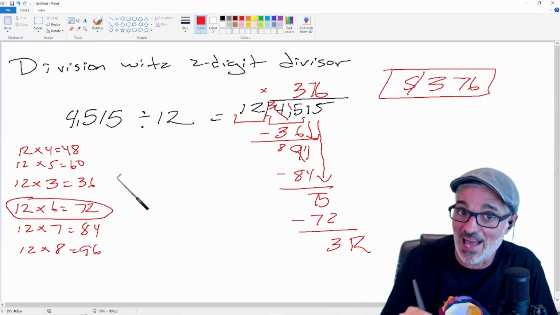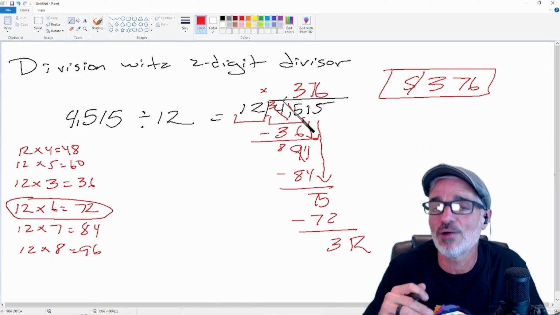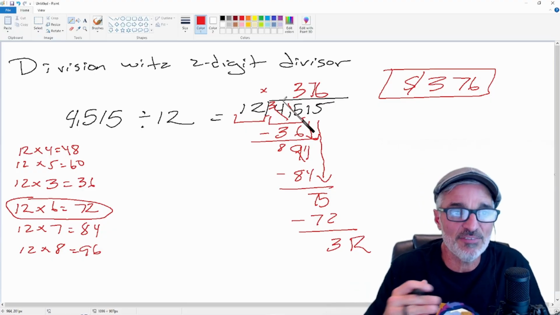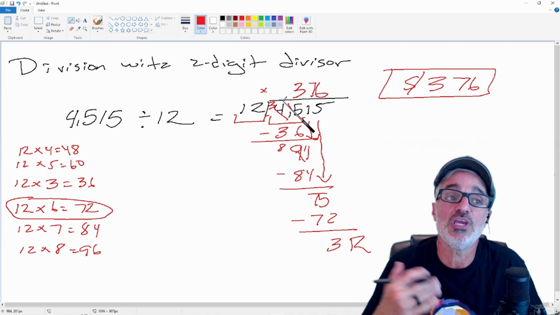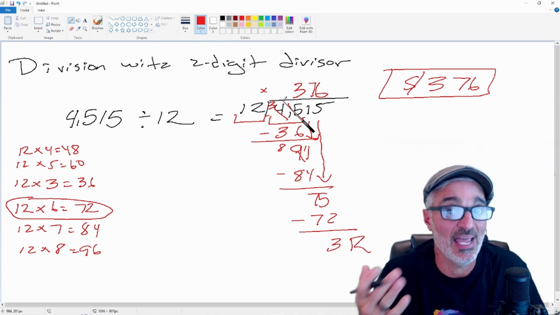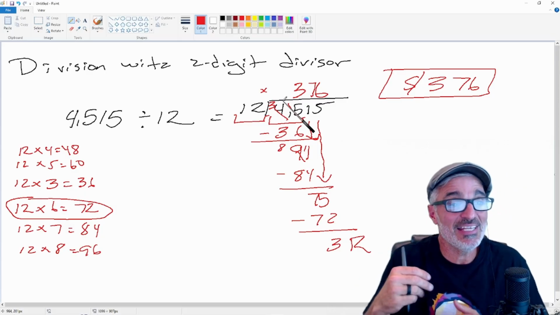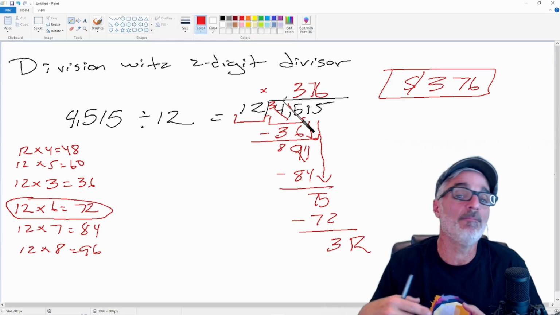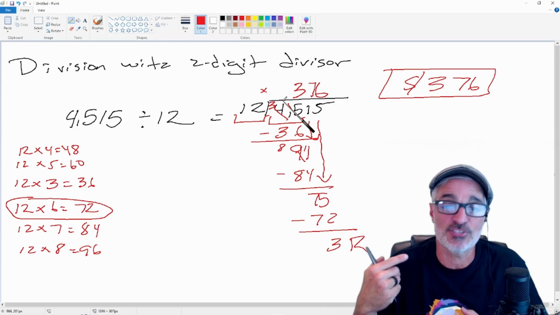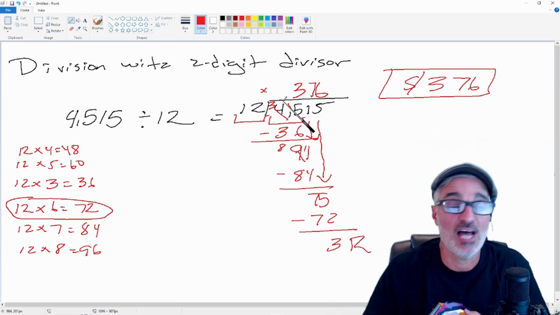Now in the next example, we're gonna use a number that is not on our multiplication chart, and it's a bit difficult to know all the multiples of that number. So we use what I call trial and error. And yes, you're gonna see that it's a lot of work, but it's work that makes you practice your multiplication. And the more you do it, the better you become at it, the faster you can do it, and the better you will do other math concepts later on. So let's see that example.